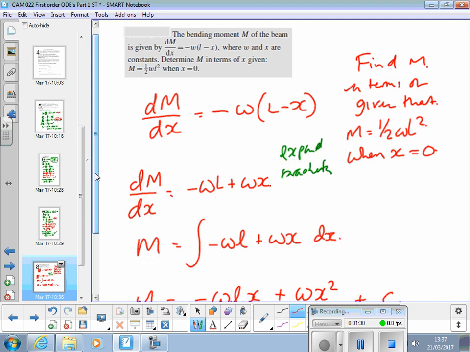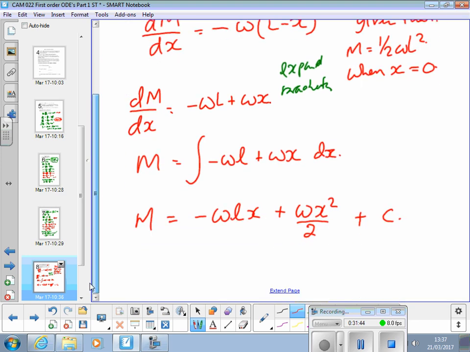That's not my mistake for a change. It's the book's. Yeah, there are a few mistakes in the book. I'll not claim otherwise. Okay, so that is your general solution.